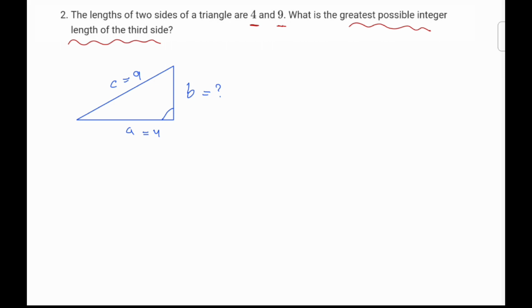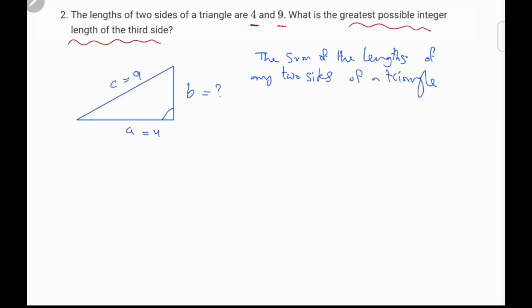So remember the rule: in any triangle, the sum of the lengths of any two sides of a triangle is always greater than the length of the third side.